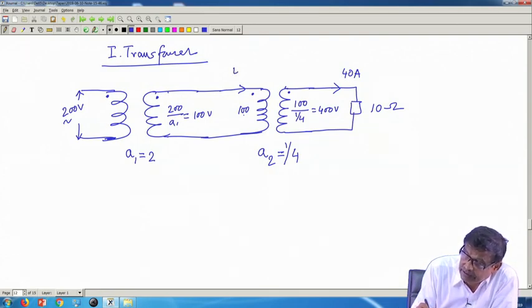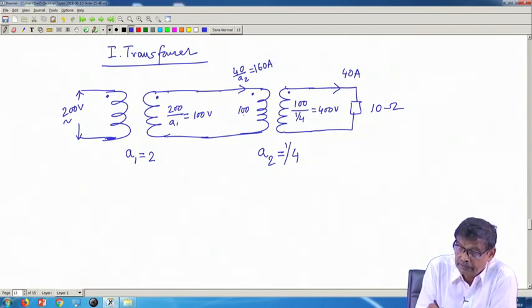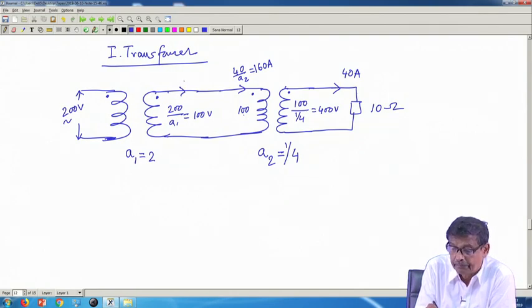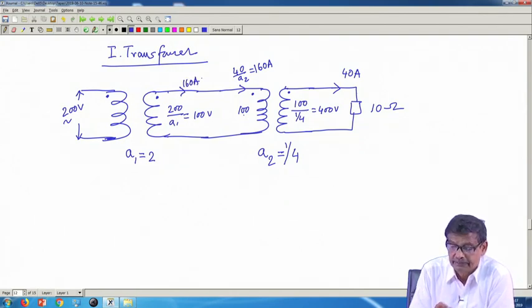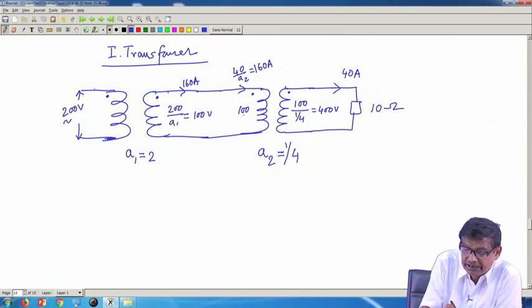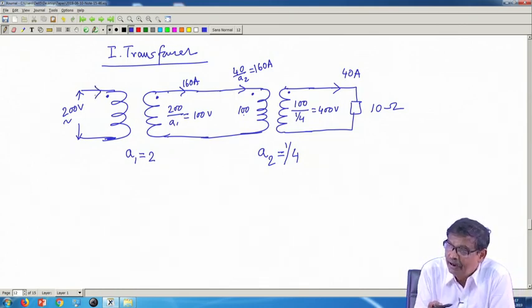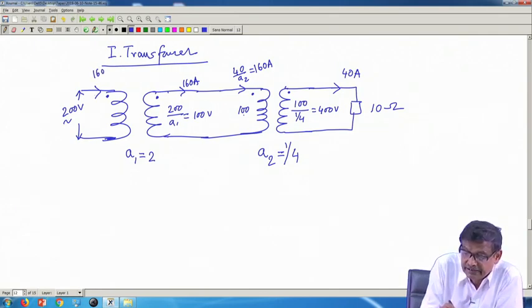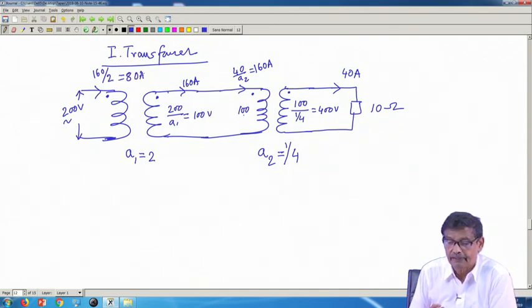So this current will be 40 by A2. 40 by A2 means 160 ampere. If it is 160 ampere, what will be the current in this secondary? It will be 160 by A1, that is 2, equal to 80 ampere. Got the point?